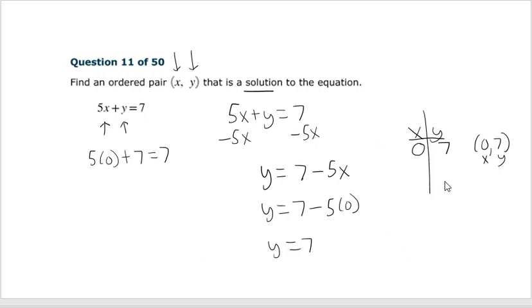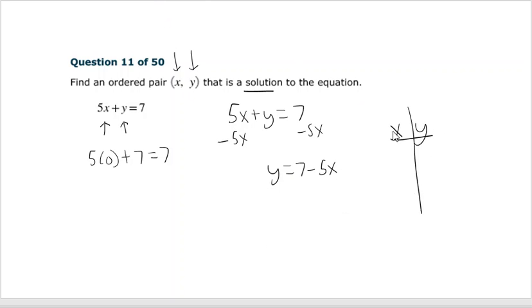Okay. You could also pick something different for x. So you could pick a 1 for x. And if you pick a 1 for x, y equals 7 minus 5 times 1. That means your y is going to be equal to 2. Okay, so 1, 2.